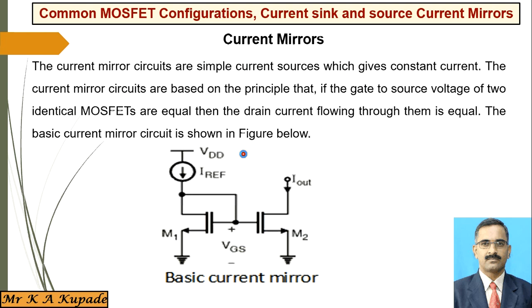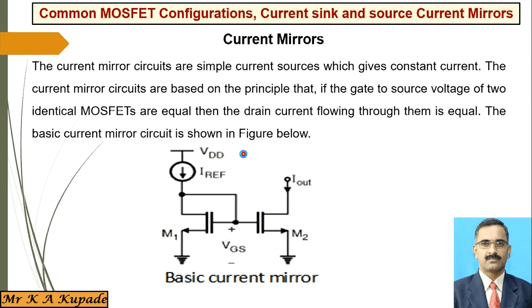When you connect two identical MOSFETs in the circuitry and the same current flows through them, that circuit is called a current mirror. That means whatever ID current one MOSFET has, the same current flows through the other MOSFET. This situation is called the current mirror.